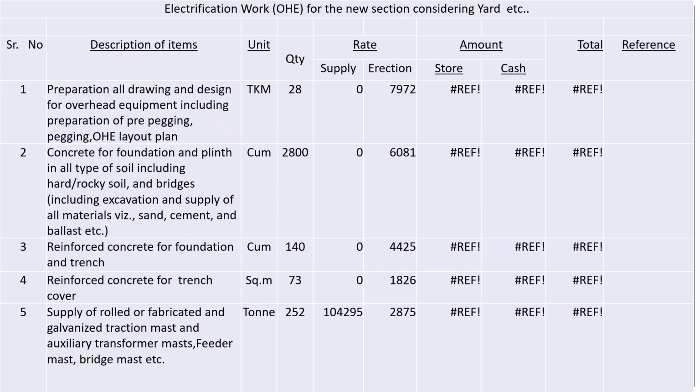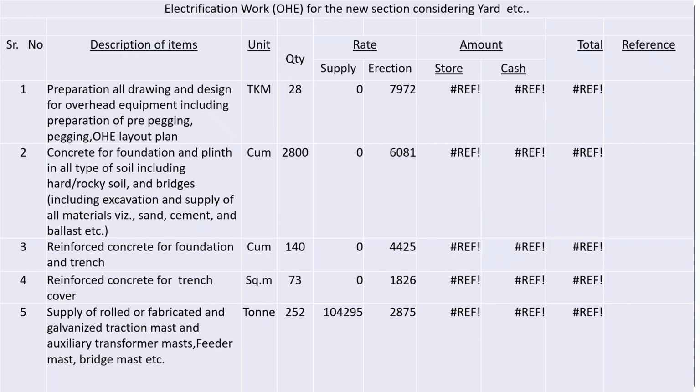In a detailed estimate, we have to go into detailed quantities, but roughly, when we are giving the proposal to the Railway Board, we do this. For example, suppose they have told it will be 20 TKM OHE. For tangent track, for a single line we need 14 masts on average, and 28 masts in a double line.